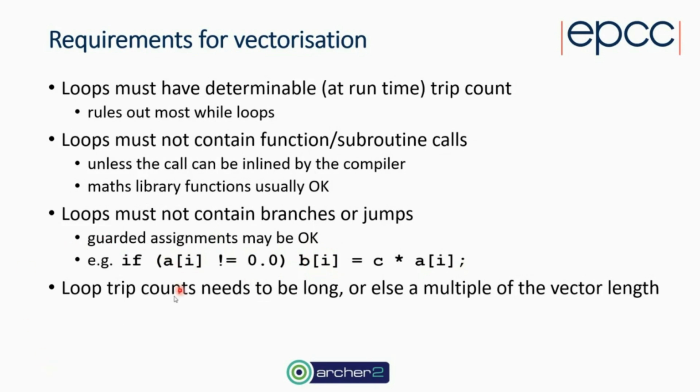And finally, the loop needs to be big enough to be worth vectorizing. We know that our functional pipelines take a bit of time to fill up. We know that vector instructions may take multiple iterations to complete, so it may not complete a single vector instruction per clock cycle. But once the pipeline is full, it will. A vector instruction may take 4 or 8 or 6 or a few instructions to complete.